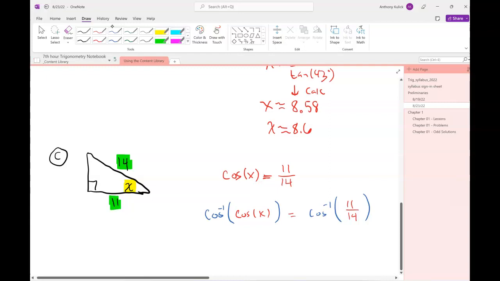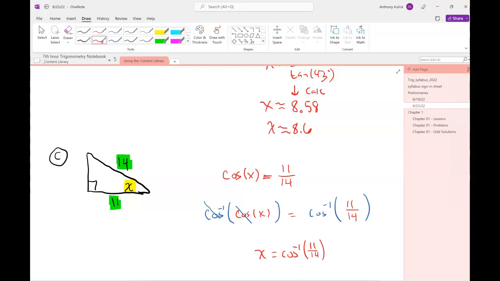And as we mentioned, cosine inverse cancels out the cosine. So we're left with x equals cosine inverse of 11 over 14.